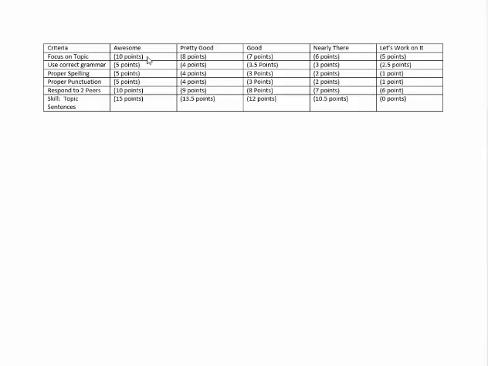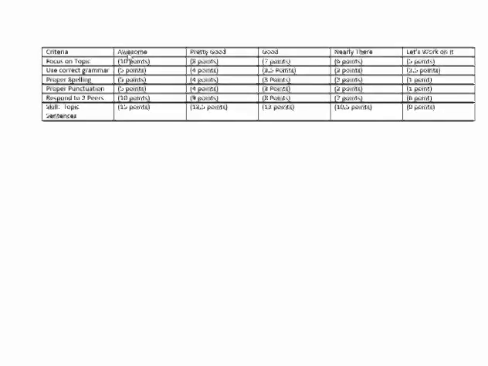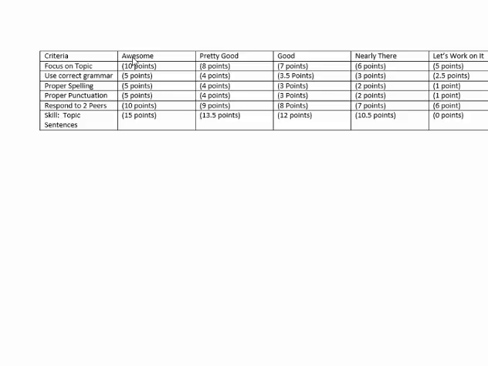If you'll remember, this was a rubric for scoring a discussion for novice learners, for those beginning learners that we're trying to teach composition skills to. And I set it up for awesome for those students that just did outstanding, pretty good, good, nearly there, and let's work on it.